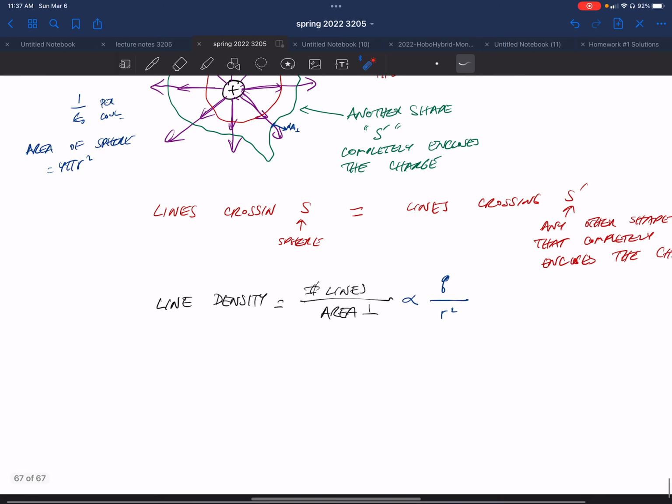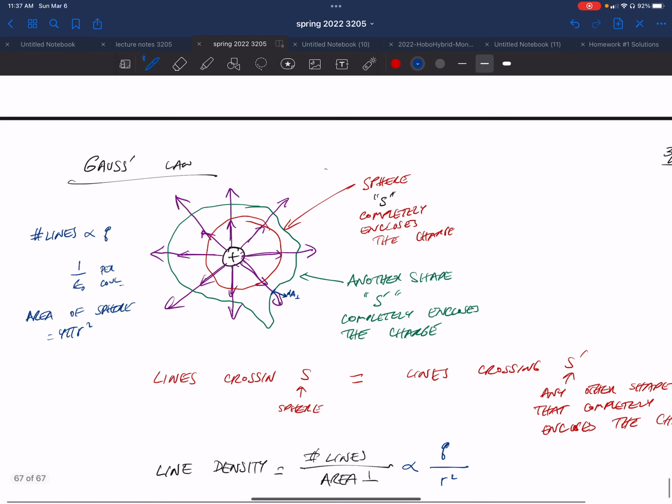Separately, we know from our equation for the electric field, if you guys just remember, I'll write that. This is the definition of the E field: E is Q over 4 pi epsilon naught times 1 over r squared.